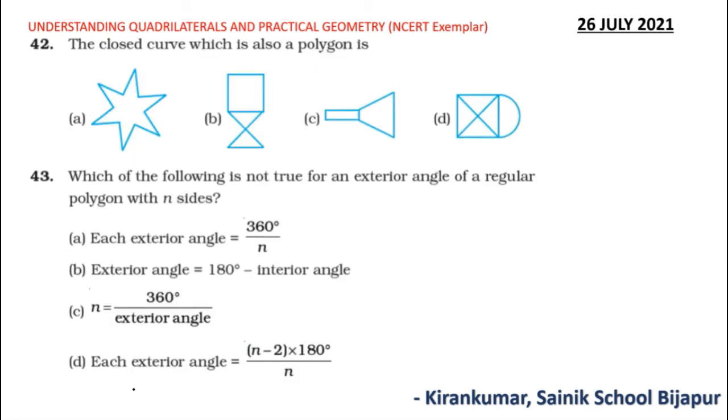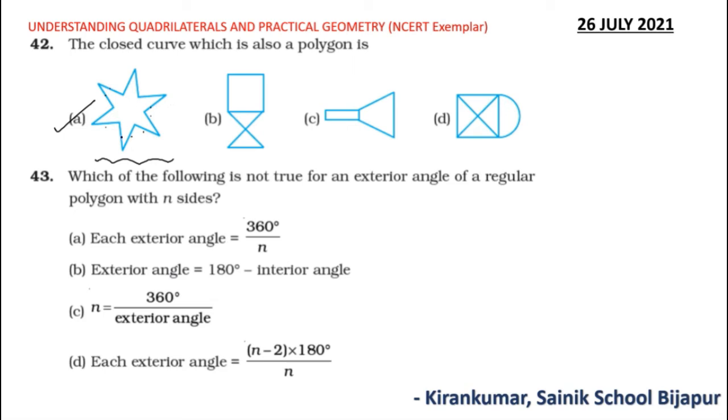Question number 42. The closed curve which is also a polygon is. In these figures, it is not a polygon because the lines are intersecting here. It's very difficult to tell the exact number of sides, whereas in figure A, we can exactly count the number of sides. 1, 2, 3, 4, 5, 6, 7, 8, 9, 10, 11, 12. 12 sides are there.